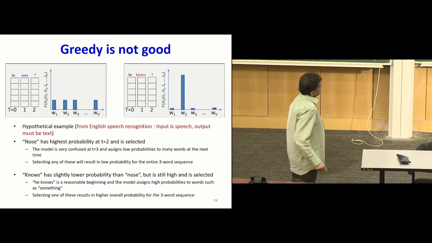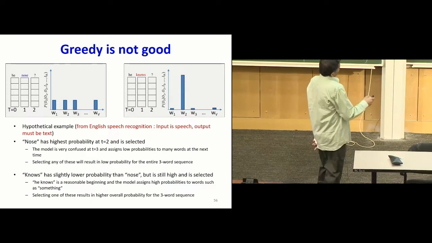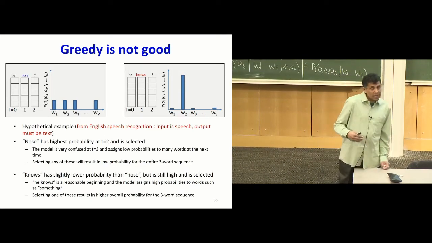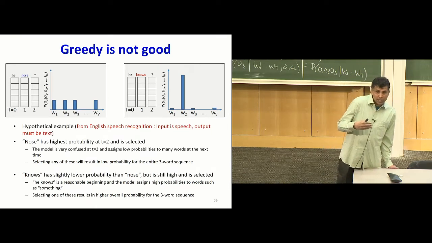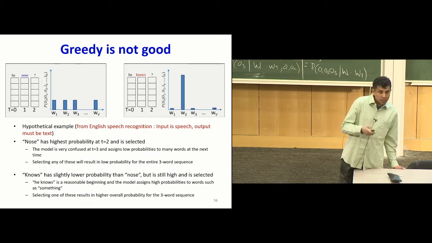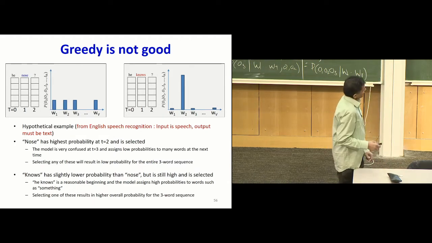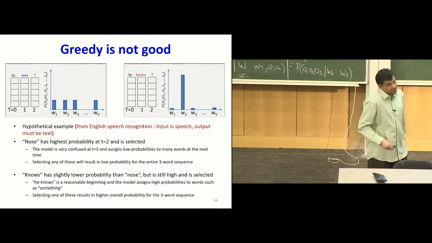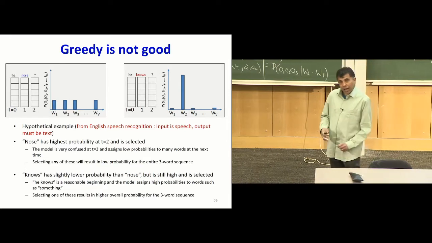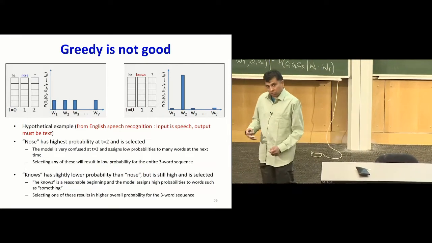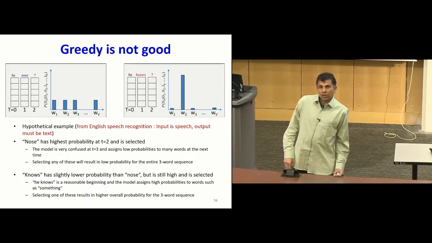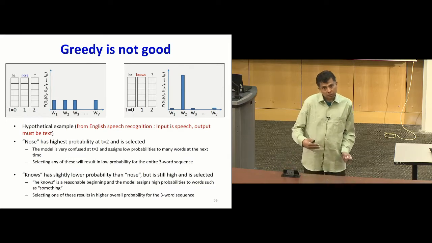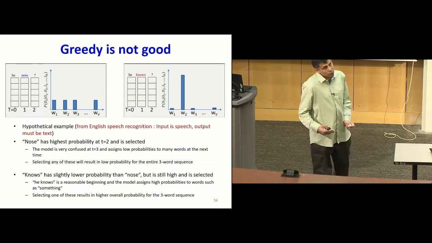On the other hand, the word KNOWS might have had a lower probability at time 1. But when you say "he knows", just to be clear, this is a much cleaner construct. And so now the network is more clear about what is happening, and it would produce a more certain probability distribution for the word at the next time.